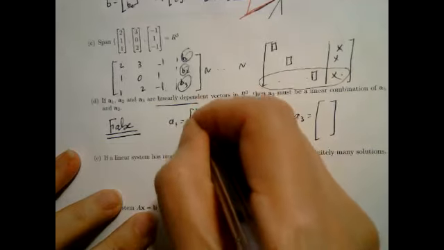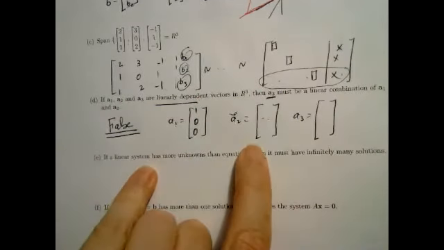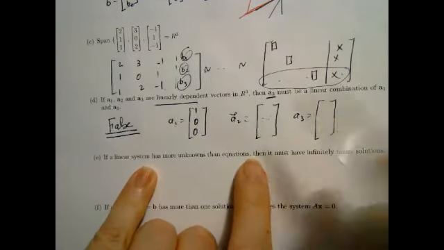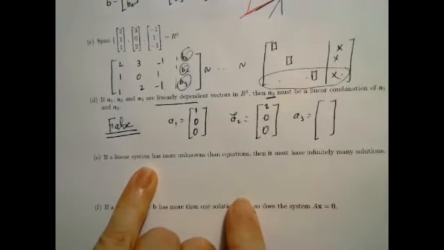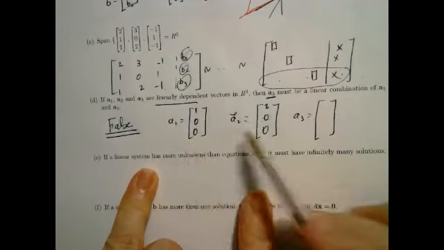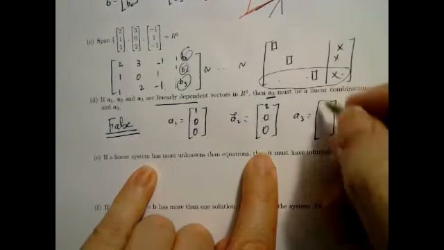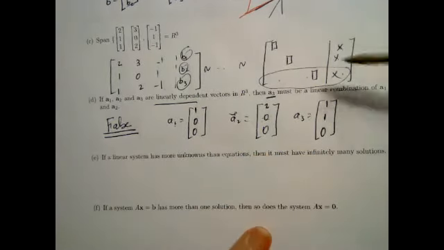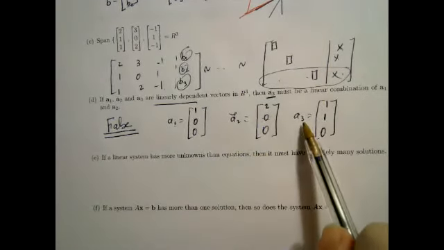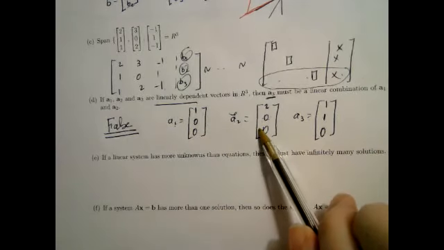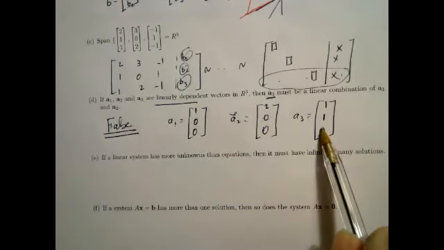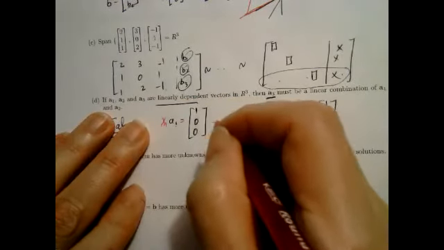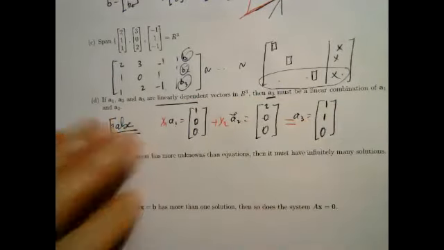So suppose I take A1 to be 1, 0, 0. What do you want me to take for A2 and A3? So I can take A2 to be 0, 0, 0, so A2 is already a scalar multiple. And then I can take A3 to be 1, 1, 0. Now, a question addressed to you. Can A3 be a combination of A1 and A2? Is there any way I can combine those to get A3?